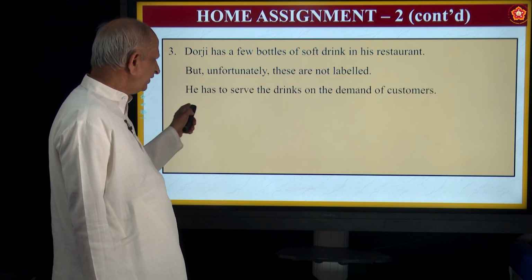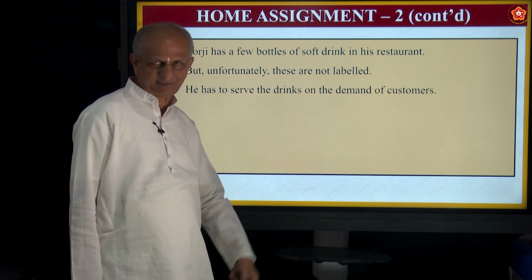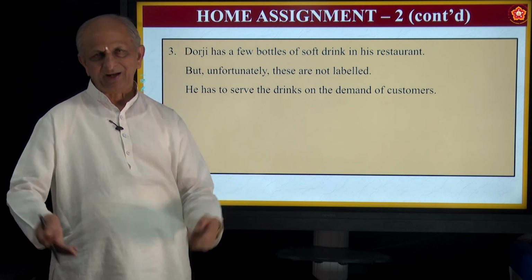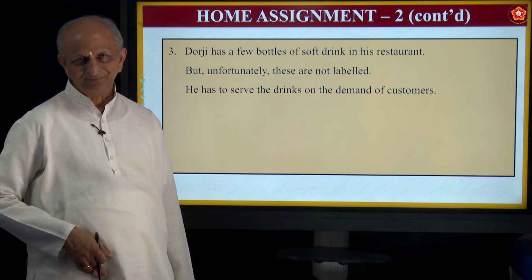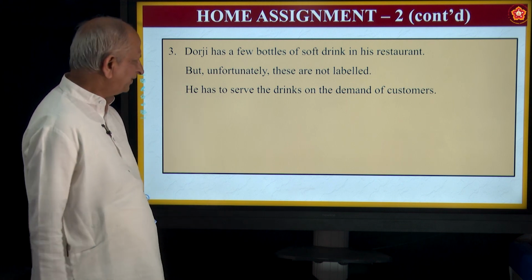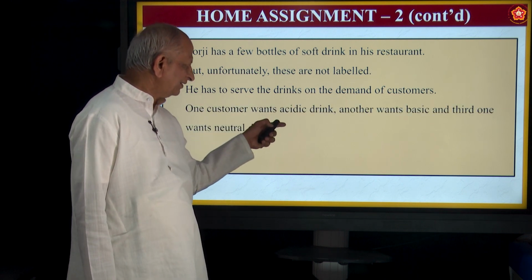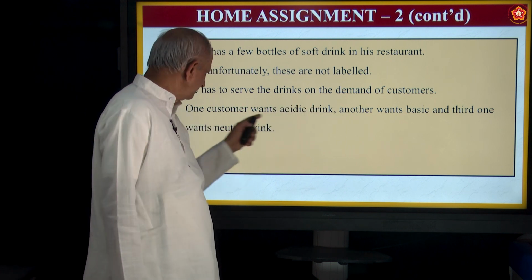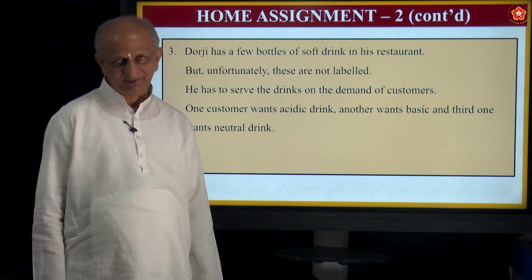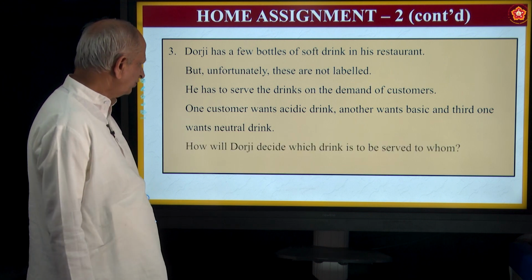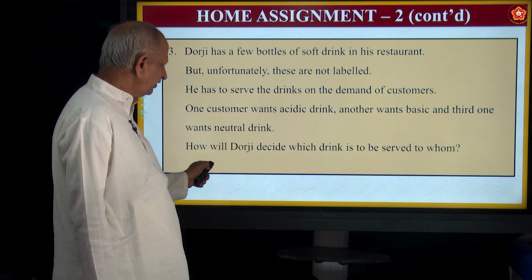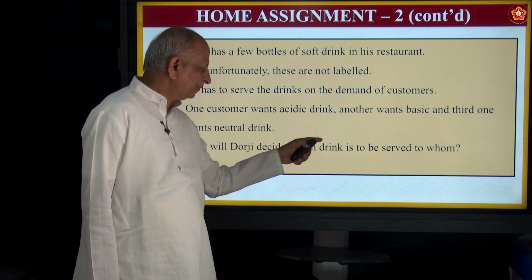He has to serve the drinks on the demand of customers. The customers are asking, give some soft drinks. So he wants to test whether it is acidic or basic or neutral. You want to test it. So how will Dorji decide which drink is to be served to whom?